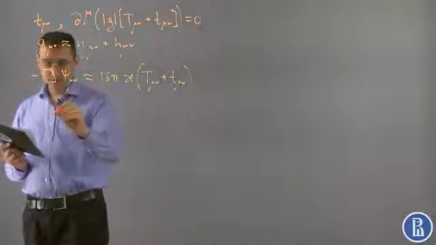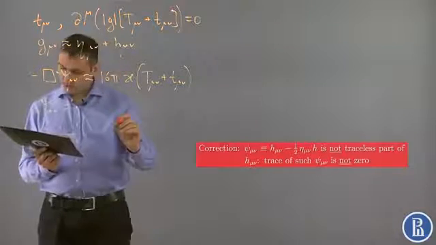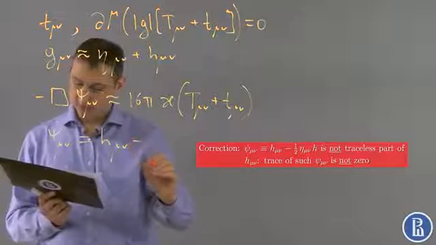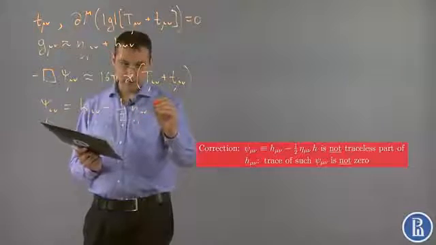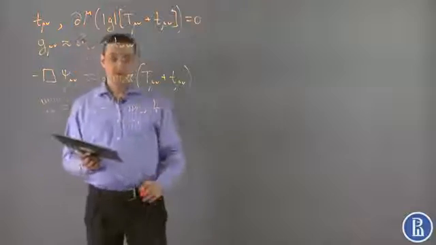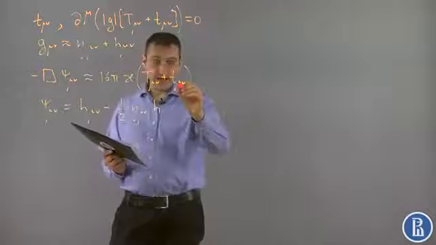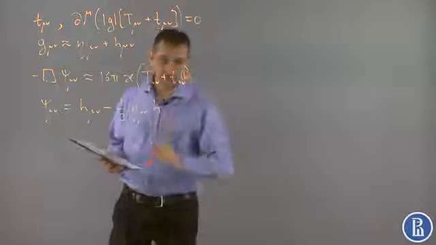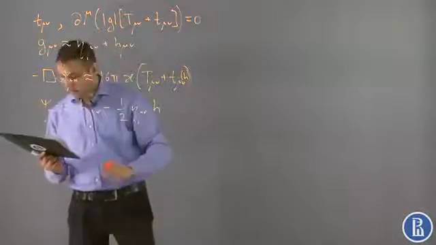So psi^{μν} is just the traceless part of h. So it's just h^{μν} minus 1/2 eta^{μν} times h, where h is the trace of h^{μν}. So this is just the linearized part, and this guy contains the nonlinear part of the metric tensor. Nonlinear part describes the energy flux.